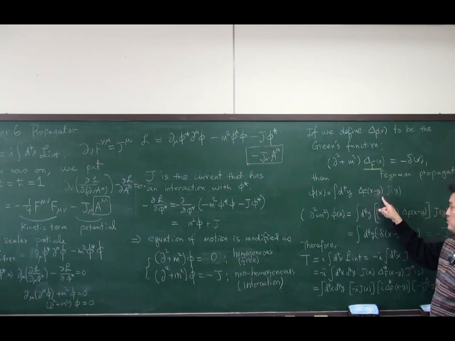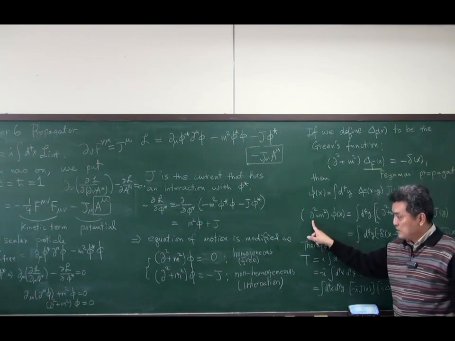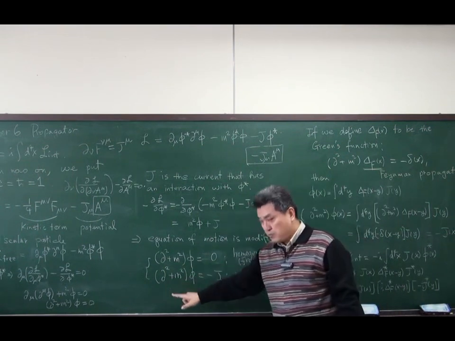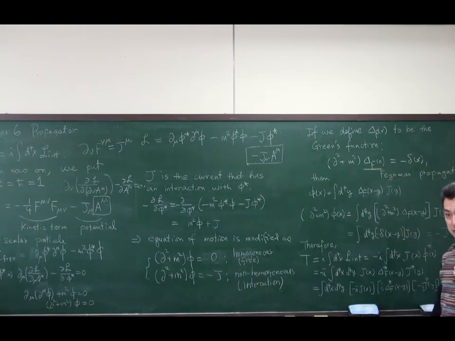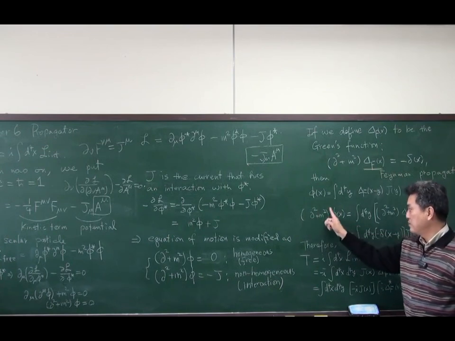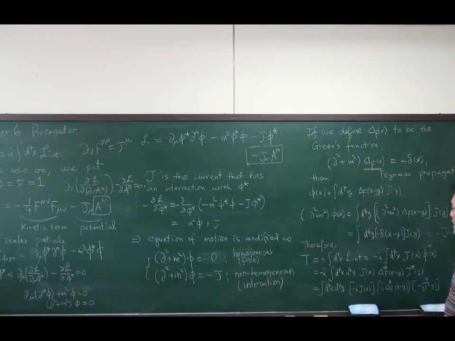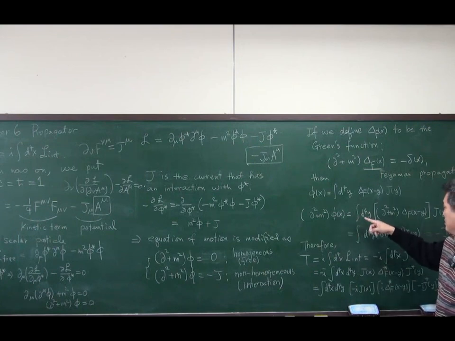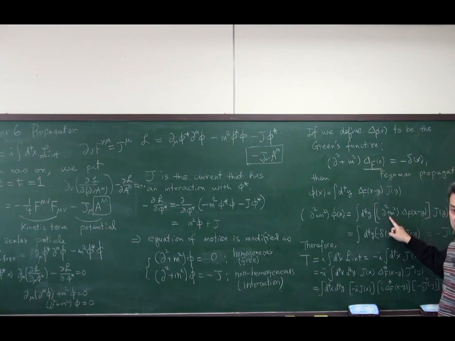We have x minus y here and y here. So this derivative is with respect to the variable x instead of y. If I act this operator on the wave function phi, it passes through all the way to here, and this derivative does not act on the variable y.